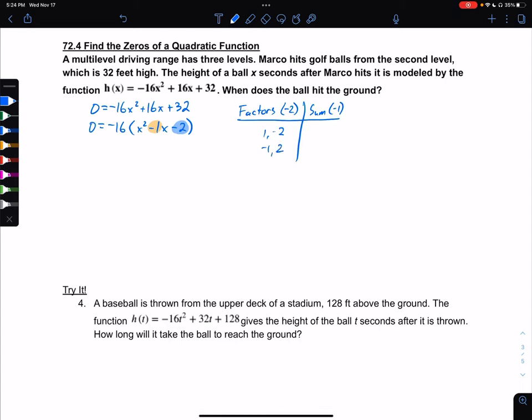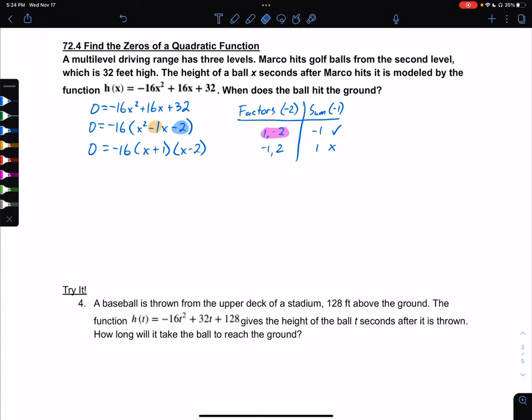Those are my only options. When I add them up, negative 1, this one works. This one's a positive 1, this one doesn't. So my factors are 1, negative 2. So what originally looked like a pretty difficult problem was cleaned up pretty quickly. So negative 16, the factors would be x plus 1, x minus 2.